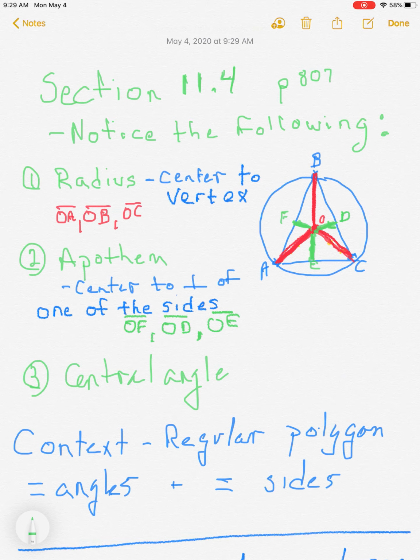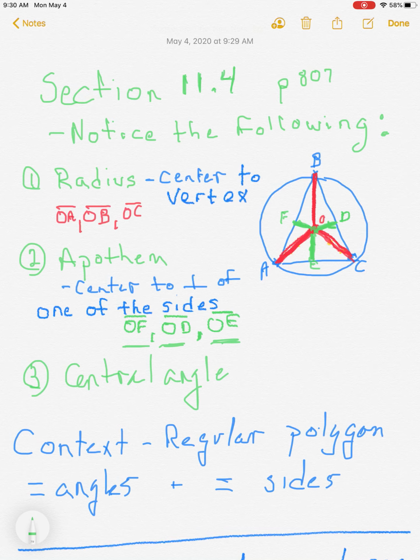What's an apothem? An apothem is a line that goes from the center to the 90 of any side. Of course, at the 90-degree angle, that point is the shortest distance from the center to the side. So OD, OE, and OF are three apothems.